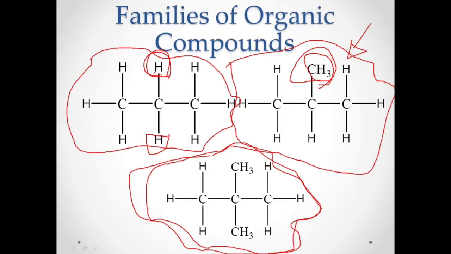In this case, this hydrogen is being replaced by this group of atoms, and the other hydrogen is also being replaced by another group of atoms, so this one is also a substituted hydrocarbon. But basically all of these molecules are hydrocarbons, because they contain only carbon and hydrogen.